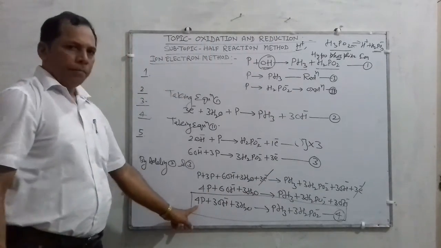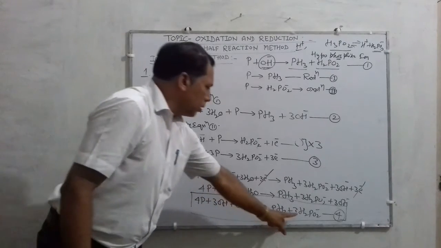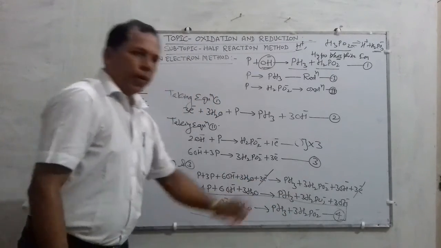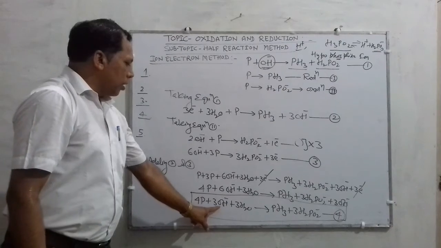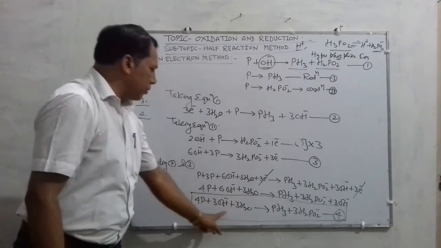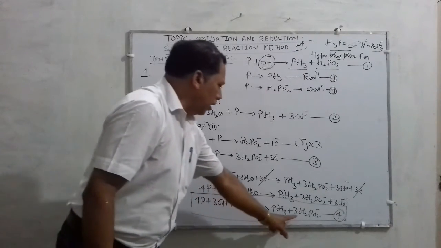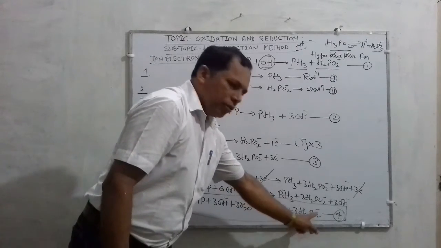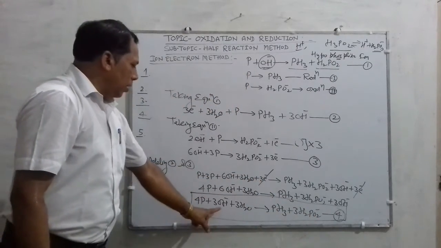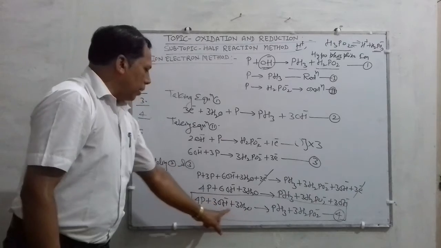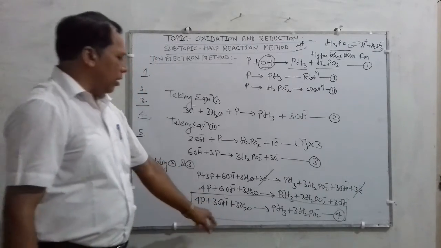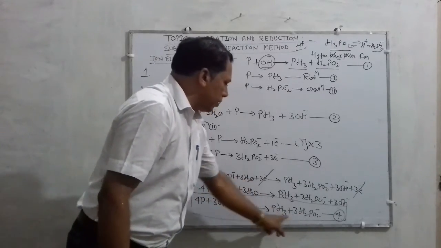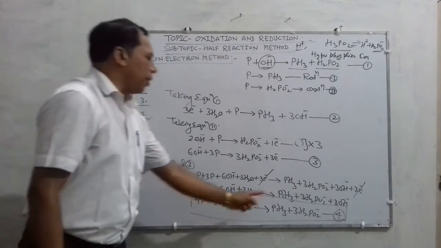Listen, 4P in reactant, 3P and 1P, 4P. Here see, 3 oxygen and 3 oxygen, 6 oxygen in the reactant side. Here 3 into 2, 6 oxygen in the product side. Here see, 6 and 3, 9 hydrogens are there in reactant. So 3 and 6, 9 hydrogens are in the product side.